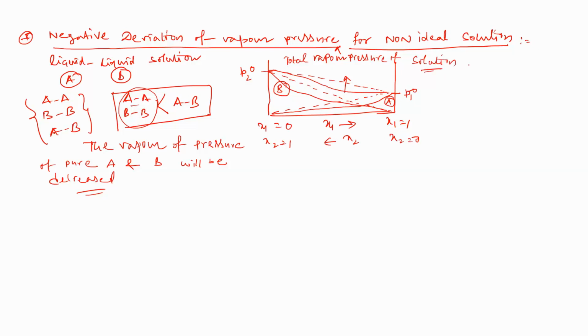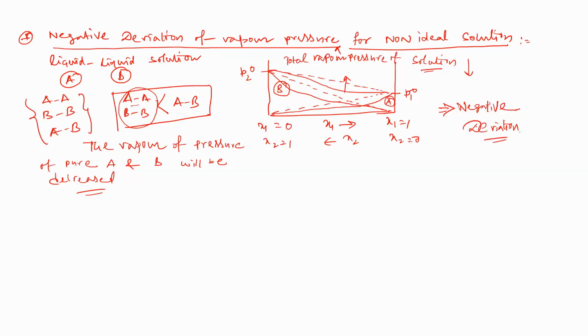Okay, so this vapor pressure is decreased due to the weaker intermolecular attractive force. AA and BB are weaker than AB. That's why it is showing the negative deviation.